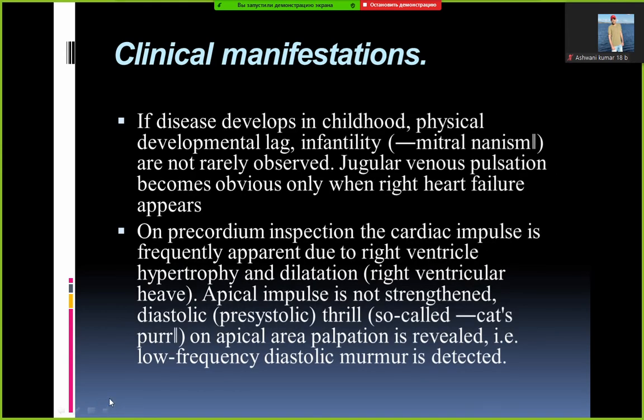If the disease develops in childhood, physical developmental lag, so-called infantility or mitral nanism, may be observed. Jugular venous pulsation becomes obvious only when right heart failure appears.